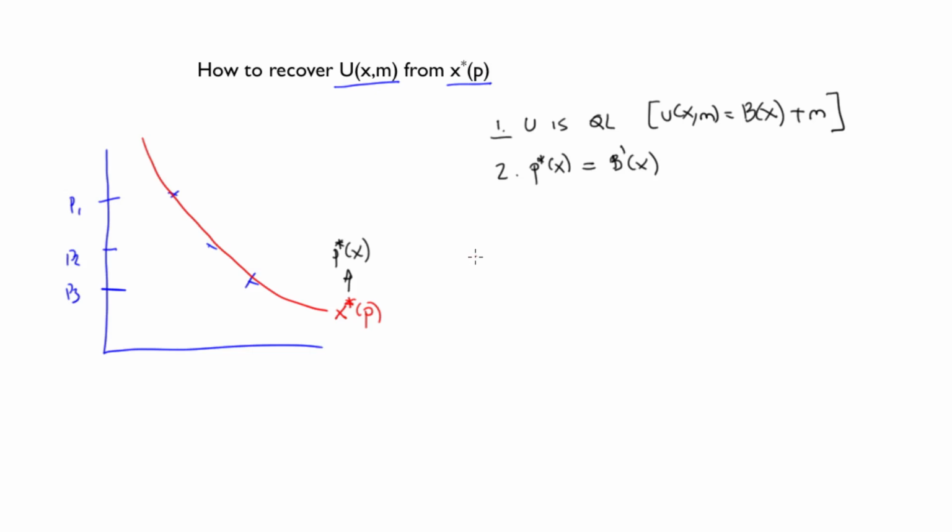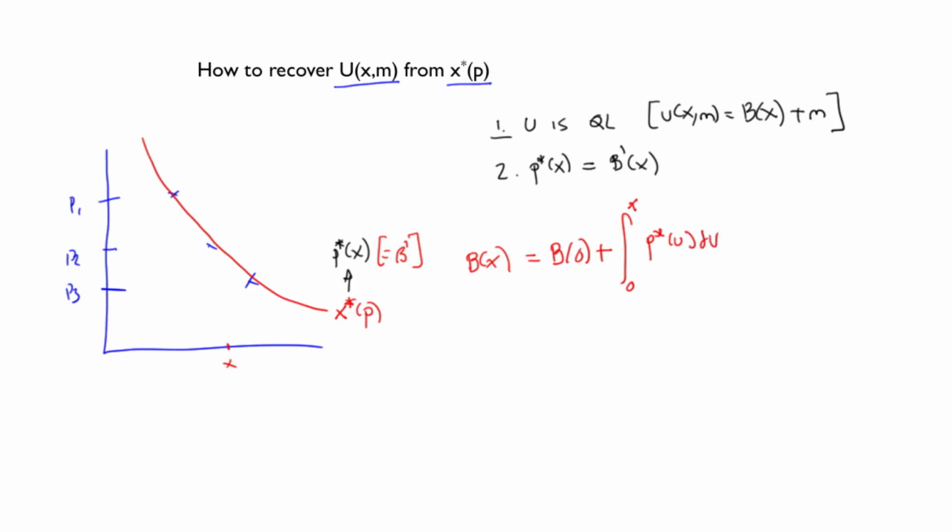Well, think about what B of X is. From calculus, we know that that is going to be equal to B of 0 plus the integral, say we want to calculate at any x, from 0 to x of the area under this curve, because remember, this is equal to the marginal utility function.